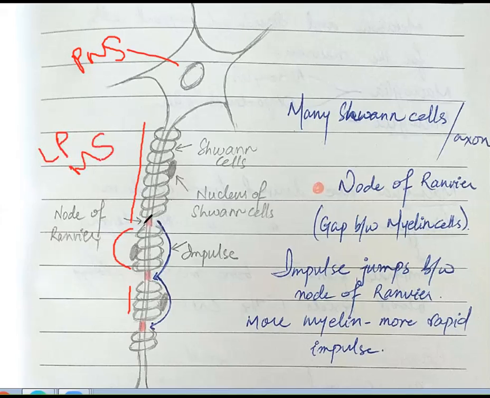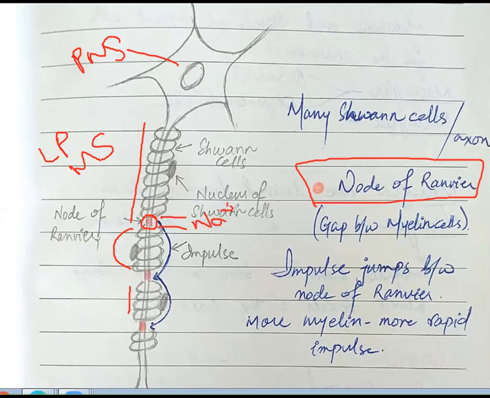Beneath these Schwann cells, between one Schwann cell and the next, we have this little area which is left non-myelinated. This area is called node of Ranvier. It has ion channels over here. Sodium ion channels are present over here.